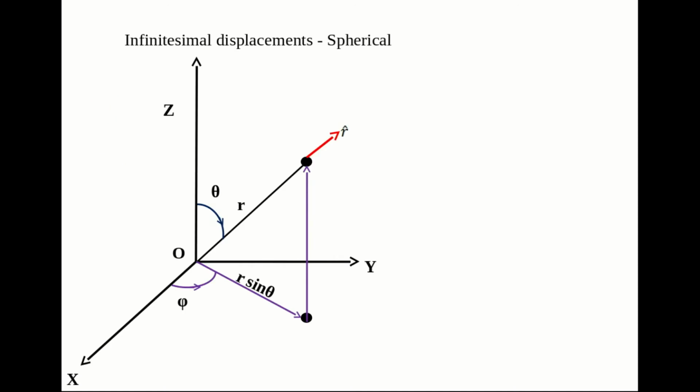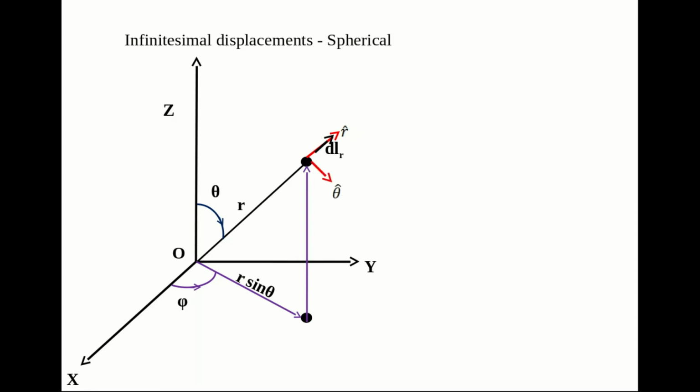Now let us move on to infinitesimal displacement elements in spherical polar coordinates. The small displacement in the direction of r cap is dlr, which can be written as dr, just like dlx equals dx or dly equals dy. Now consider theta cap direction.